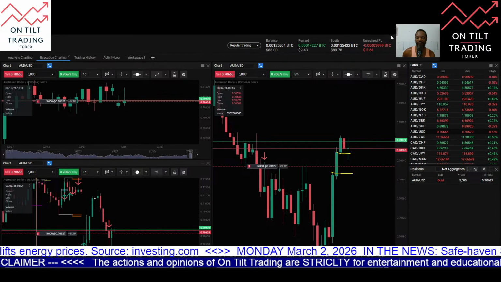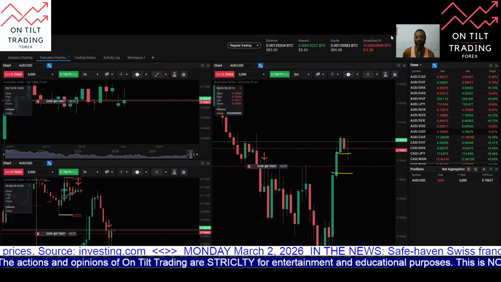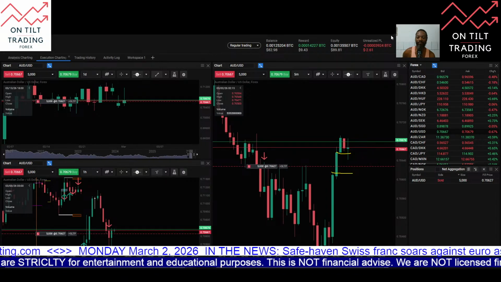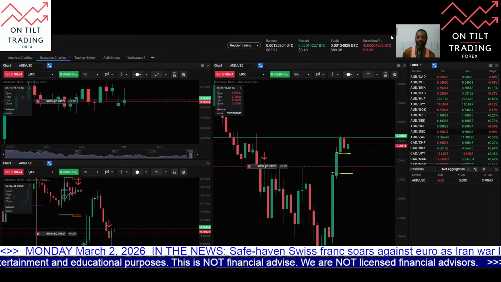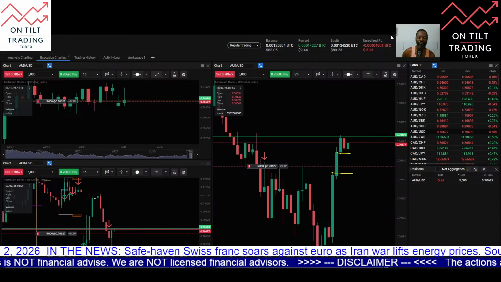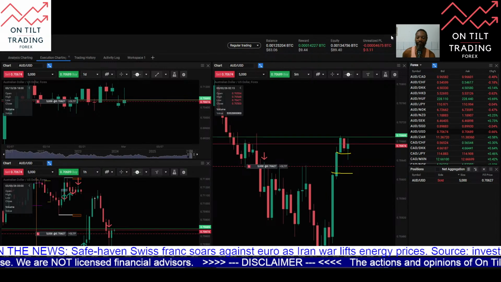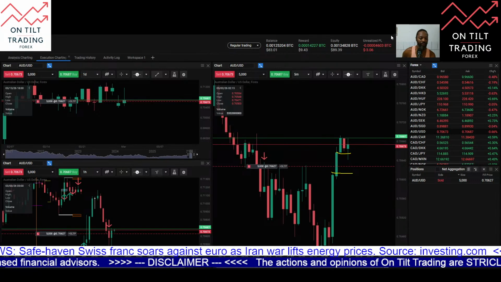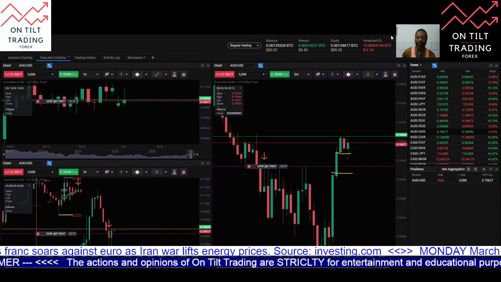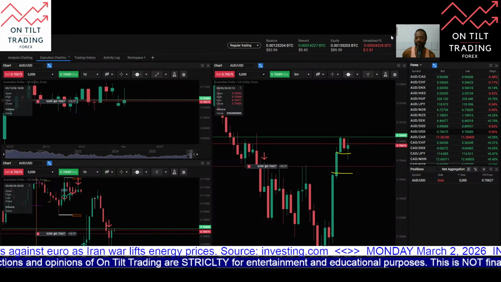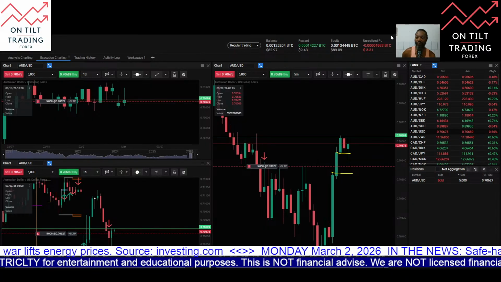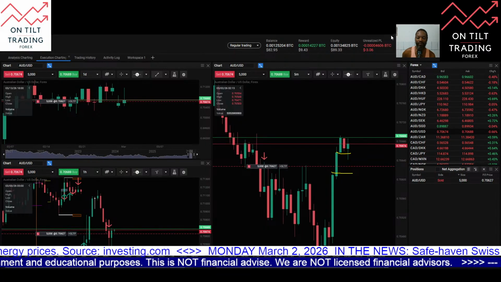Price consolidating. Also a new 1-hour candle. So 1 hour remaining in the London kill zone.